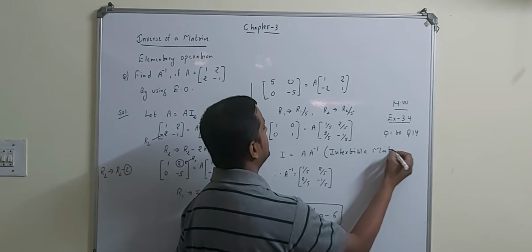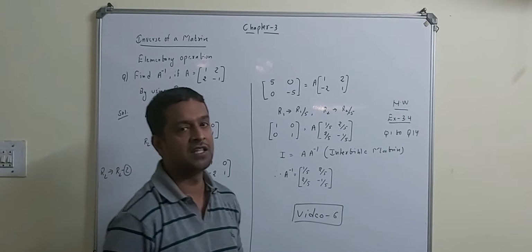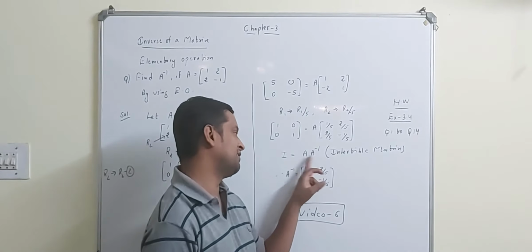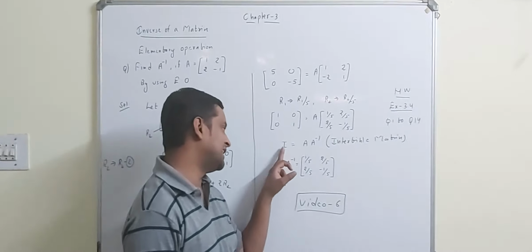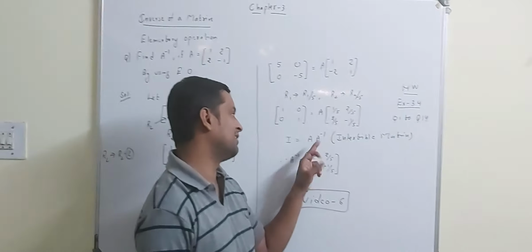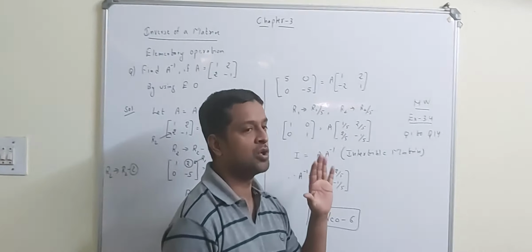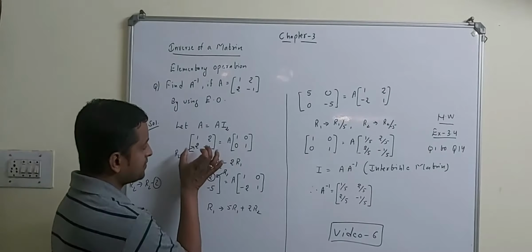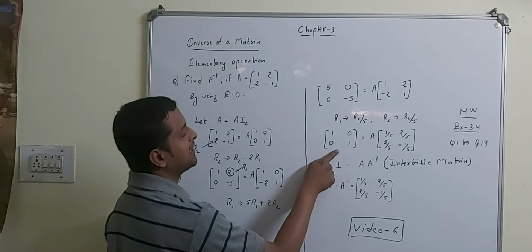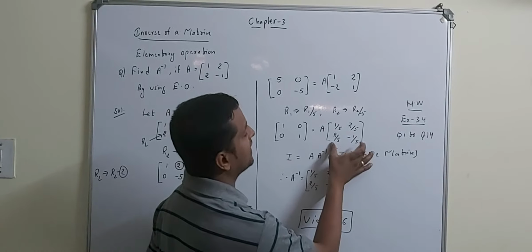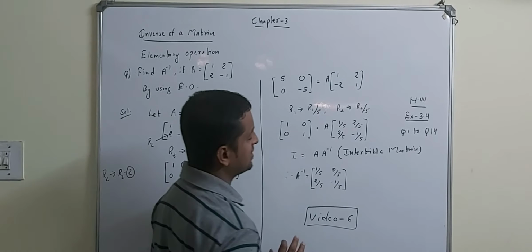So first you read the definition of invertible matrix, then you will be able to understand why A into A inverse is identity matrix. So this is the identity matrix, this is A, now A inverse. So A inverse answer is this. So in all the questions your target is to convert the left side to identity matrix and the right side automatically will convert to the inverse. So this is the inverse of this matrix.